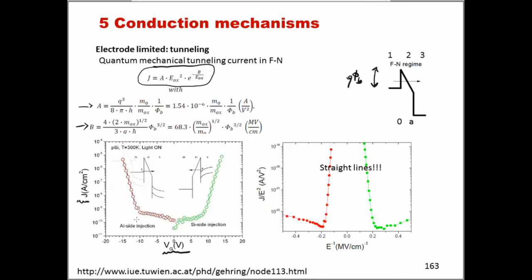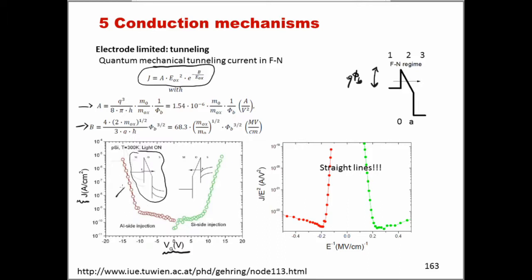For VG negative, the band diagram looks like the one that I've indicated here. When VG is negative, we are pushing upward the metal gate side, and so we are effectively promoting the injection of electrons from the metal into the conduction band of the semiconductor.